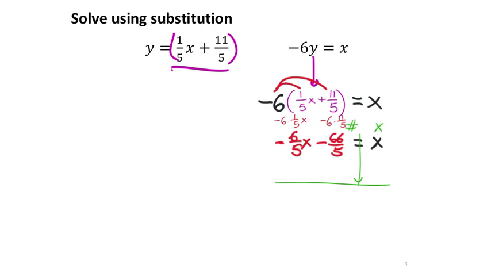So hopefully after this first principle of equality, you'll see why. So my negative 6/5 x, what I'm going to do is zero that out by adding 6/5 x's. But if I do it to one side, I've got to do it to the other side. So plus 6/5 x's. And that x is actually 1x. All right, so what happens here? Well, we've zeroed out the negative 6/5 x in red.